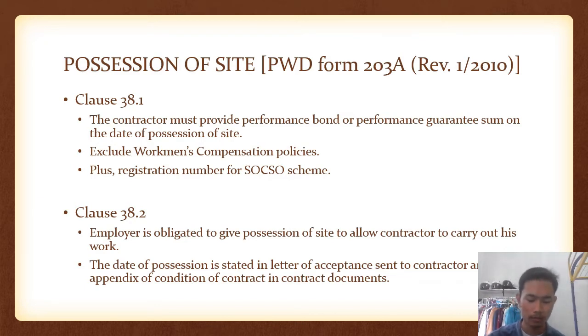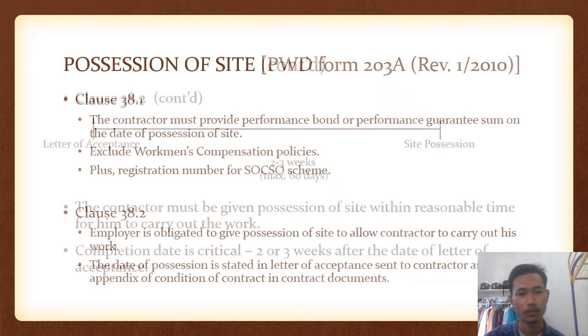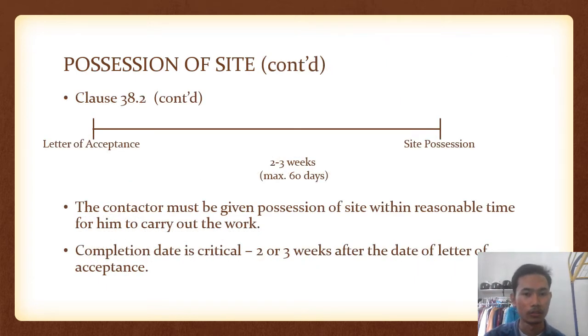The contractor is also enabled to commence the work in accordance with the program, to execute the work unimpeded by orders, and perform the work in a satisfactory manner. Continue with clause 38.2.